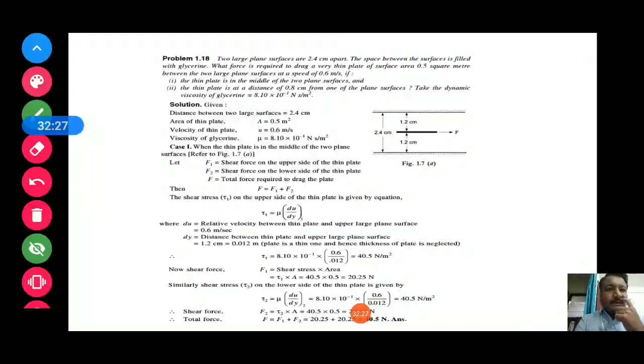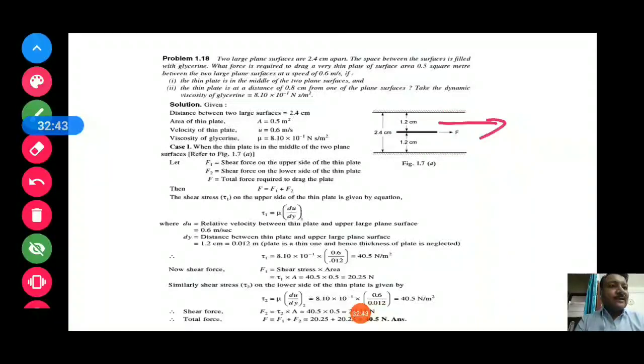The force acting on this plate is on both sides, lower as well as upper side. So the force is acting on both sides of the plate like this, F1 and F2.